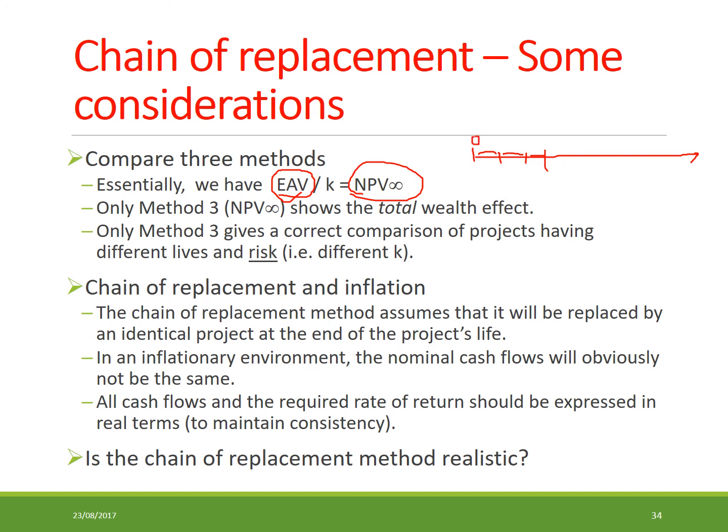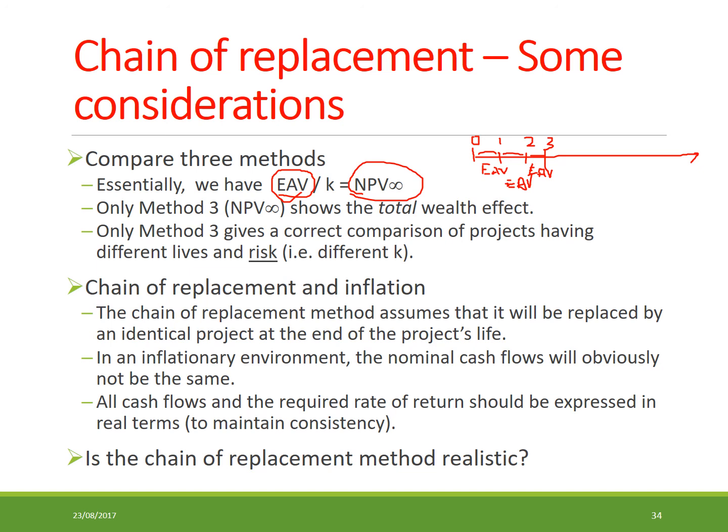Say if we have a project with 3 years, right? So this is the EAV for each year. Sorry, it's a bit hard to draw on here, so I'm a bit slow. Right, so with the EAV, it calculates an equal amount of cash flows every year for the life of the project, yeah? So these three cash flows for year 1, year 2, and year 3 are the same, right?